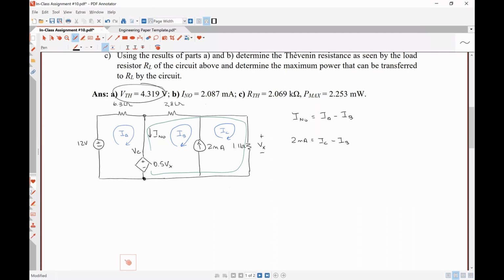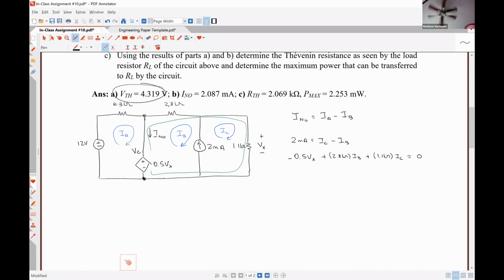Yeah, you see the negative sign first, and it's a voltage source. So yeah, negative 0.5 Vx. What's next? Plus 2.8 kilo ohms times IB. All right, and what is next? Plus 1.1 kilo ohms times IC. Equal to 0.